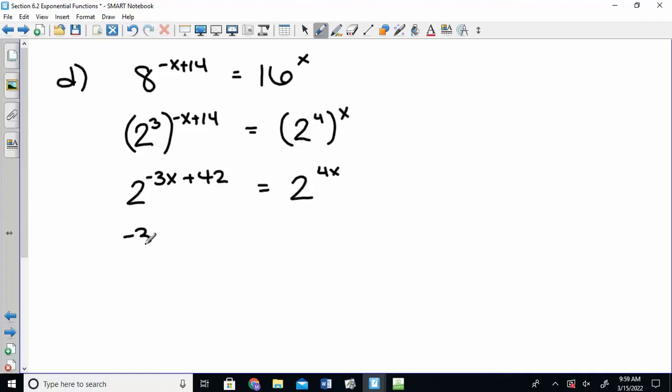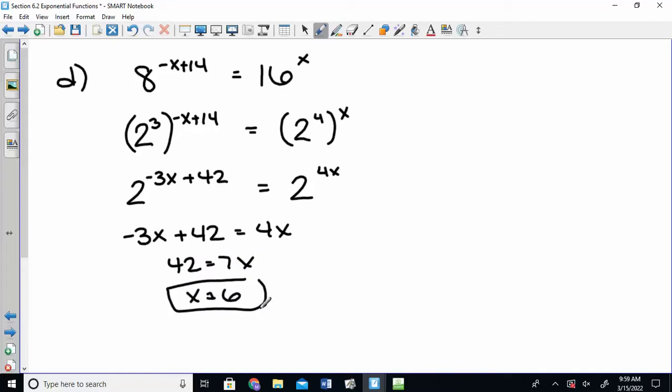So now we have the same base on each side, so now the exponents are equal. If I add over my 3x, divide by 7, and we get 6. Okay, you can always check this just by plugging it into the original.